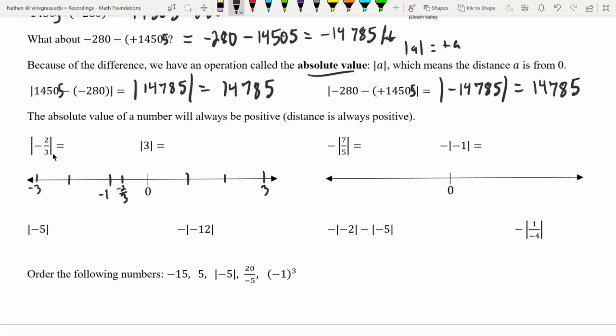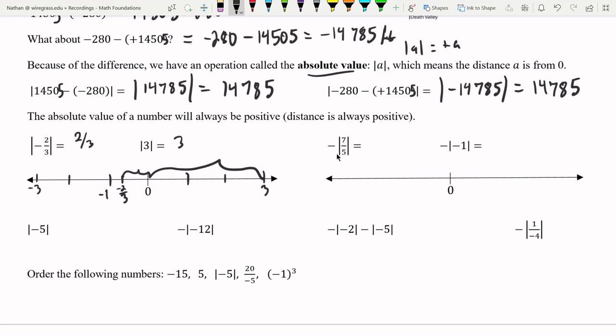And we're asking, what is the distance of negative 2/3 from 0? We're asking, what is this distance when we have the absolute value around it? And that is 2/3 of the way from 0. The absolute value of 3 is asking us, what is this distance here? And that is 1, 2, 3 units away from 0. So very simple in these cases.